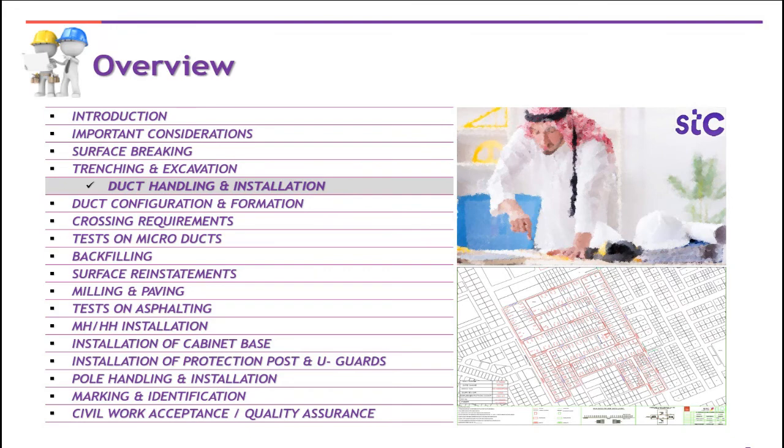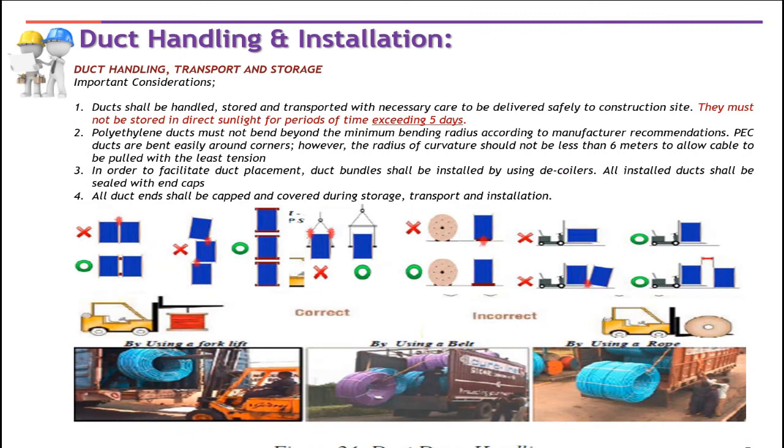Next is duct handling and installation. In this slide, you may see the proper and improper way of handling the ducts. When withdrawing any materials, either a duct, a manhole, a handhole, a cable, or cabinets from STC or vendors, contractors shall make sure that all materials are in good condition.